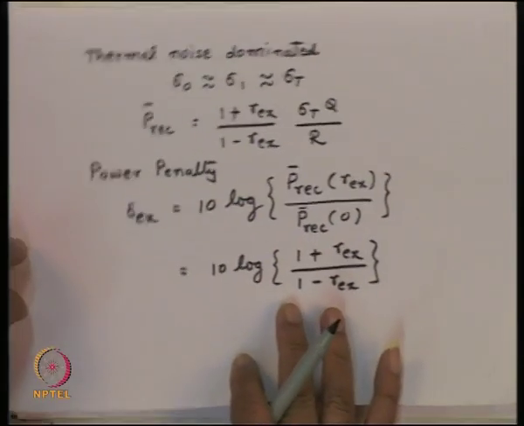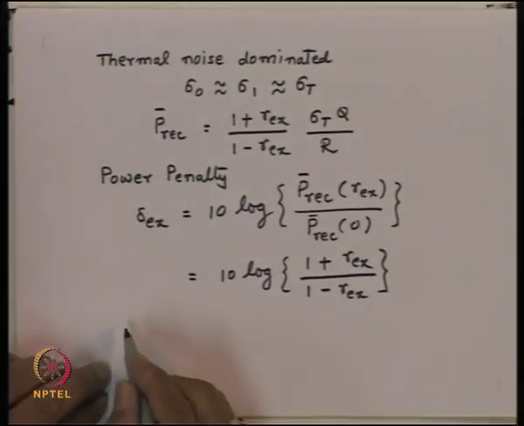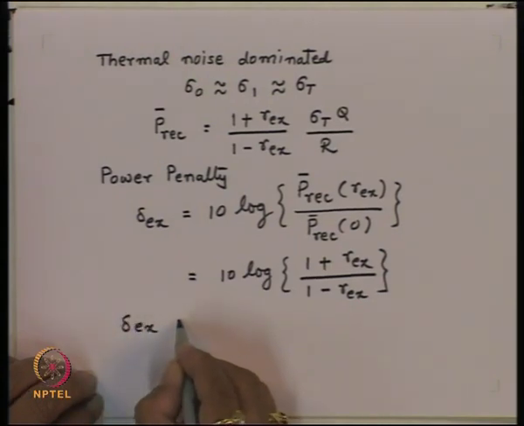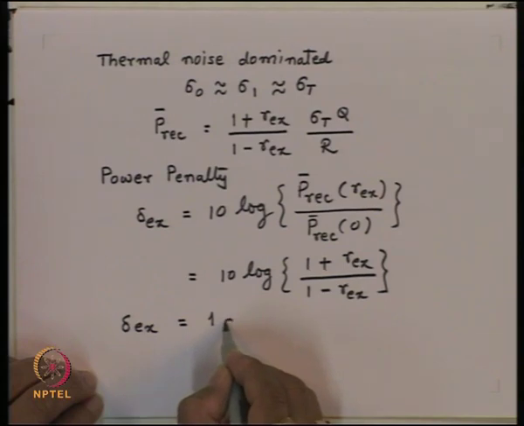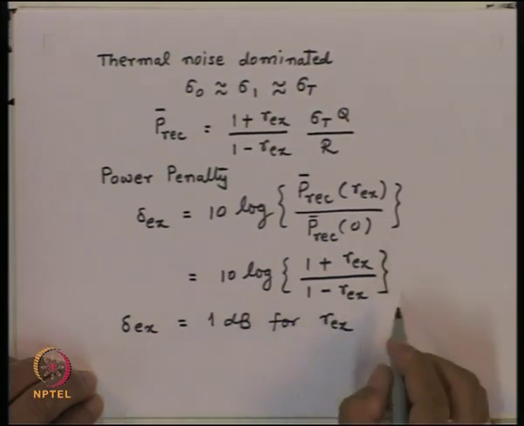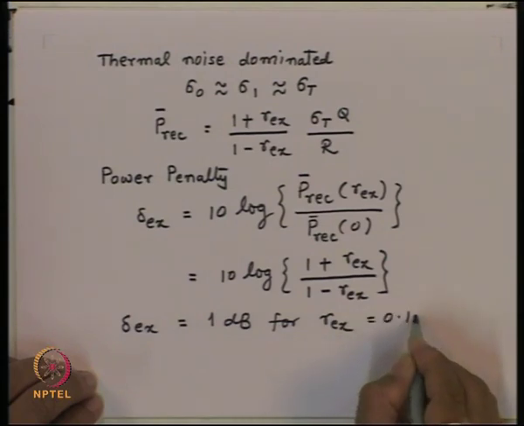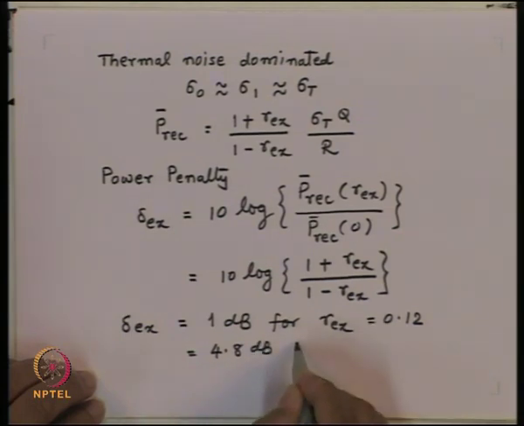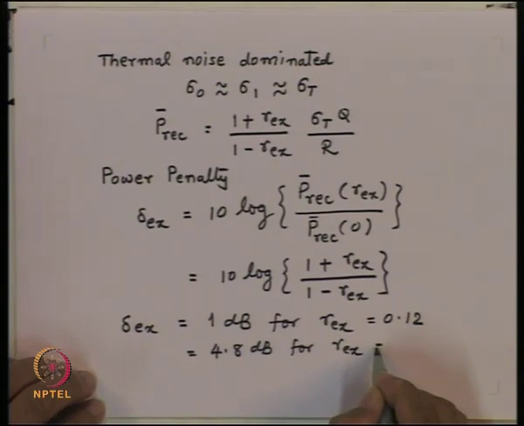So from this plot, we can get the numbers that this quantity delta extinction is equal to 1 dB for Rex of 0.12, and this will be as high as 4.8 dB for Rex equal to 0.5.